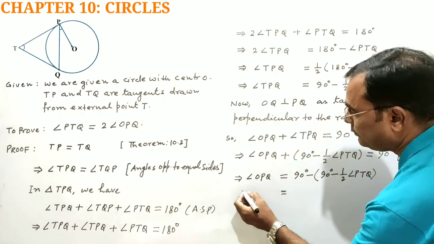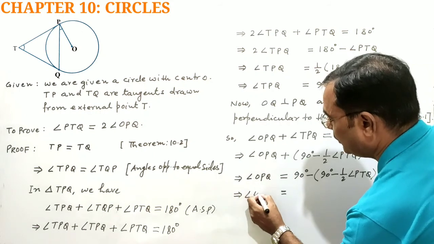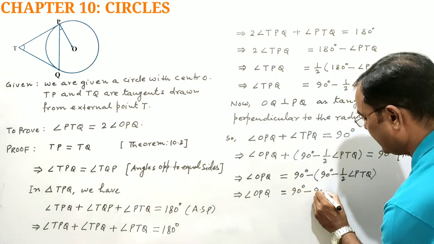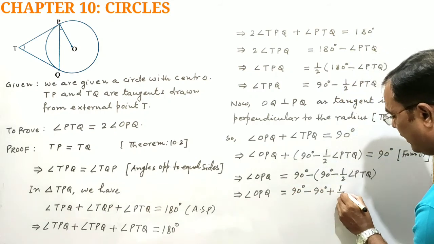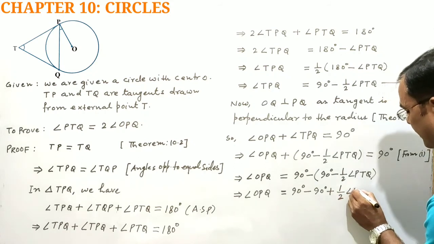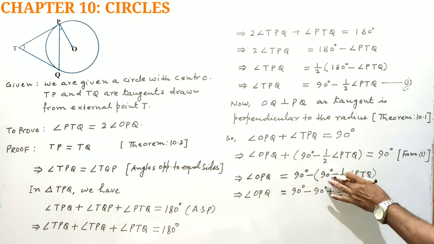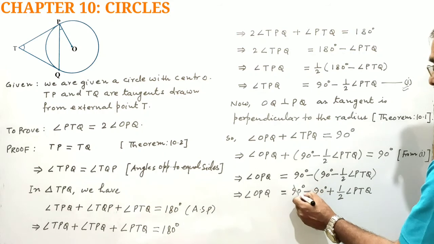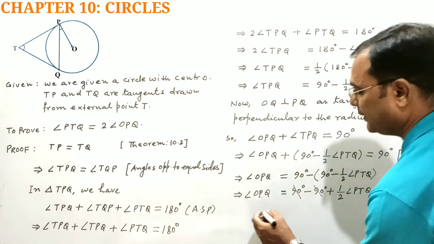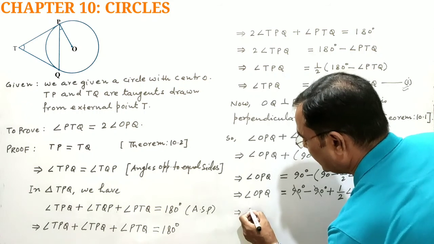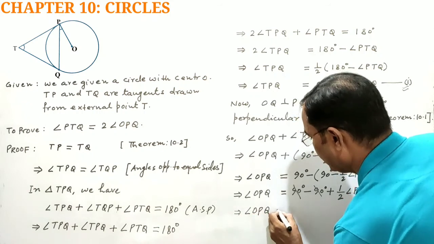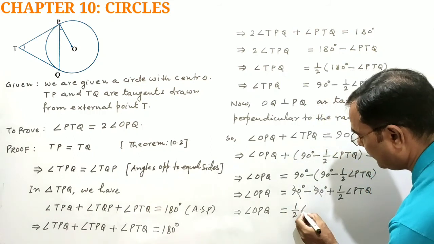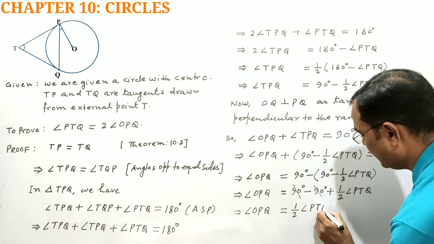Simplify it. Angle OPQ is equal to 90 degrees minus 90 degrees plus half of angle PTQ. If you open this bracket, it will be minus 90 degrees plus half of angle PTQ. 90 degrees minus 90 degrees cancelled, and we get angle OPQ is equal to half of angle PTQ.